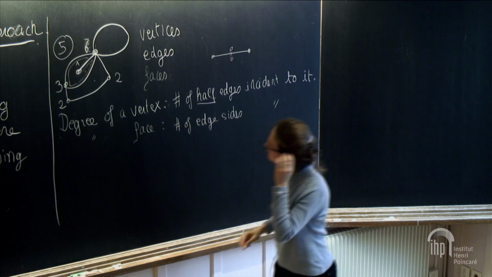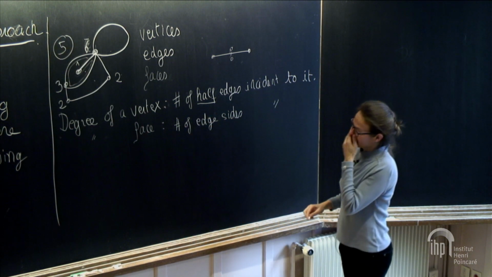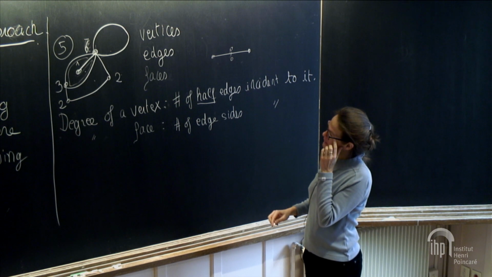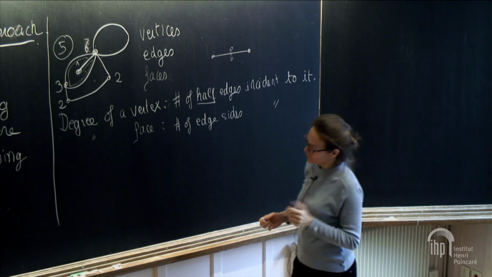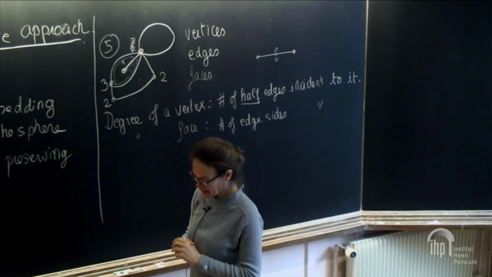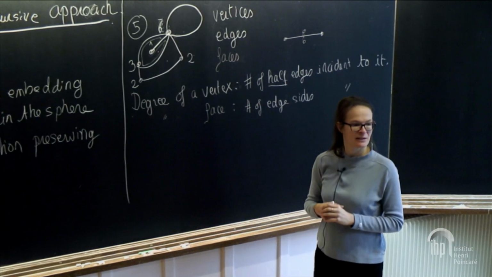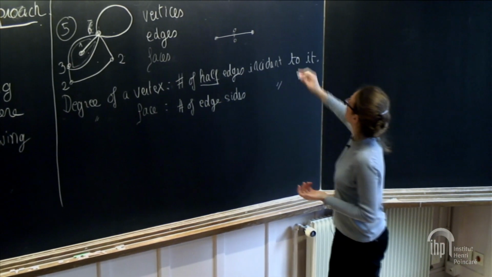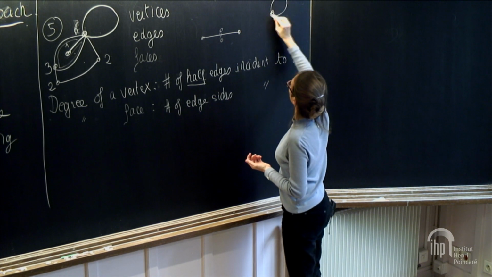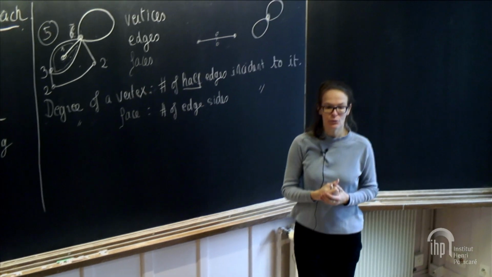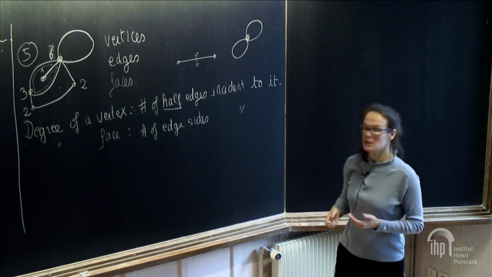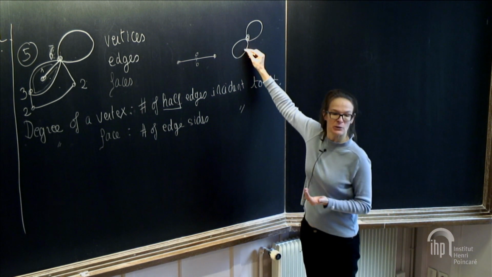Okay. So what else should I define? Well, when we count things, we don't like to count objects that have symmetries. For instance, if you take this small map, 1 vertex and 2 loops, there's no way to distinguish this loop from that one.